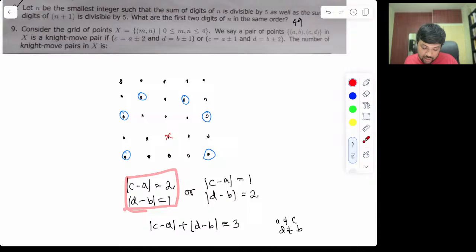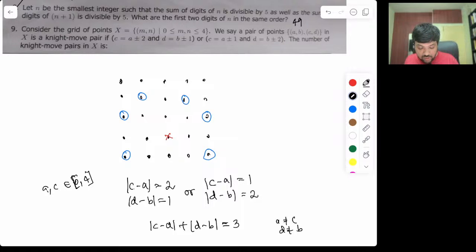How many solutions are there to mod C minus A equal to 2, when A and C are taking values from 0 to 4? 0, 1, 2, 3, 4. So is there some faster way to do this?